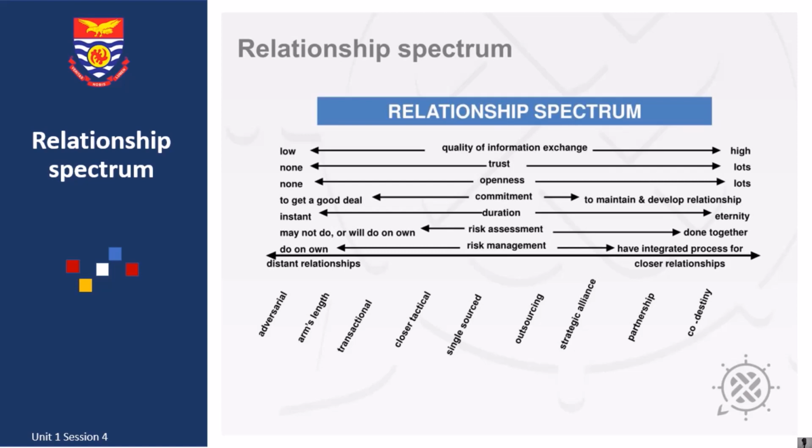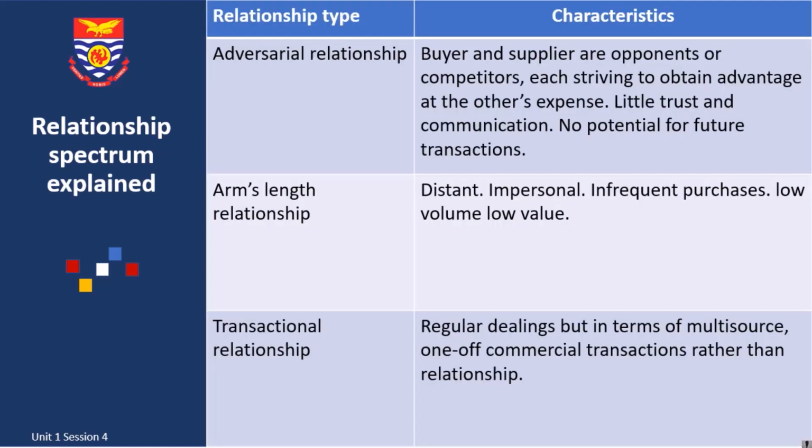Each type of relationship to be adopted depends on the quality of interaction, the trust between the parties, the openness between the parties, the level of commitment required by the parties, the duration, the risk assessment, and the risk management between both parties, whether the buyer and the supplier or buyer and customer. So we'll take each of the relationships in the spectrum and discuss them in the subsequent sections.